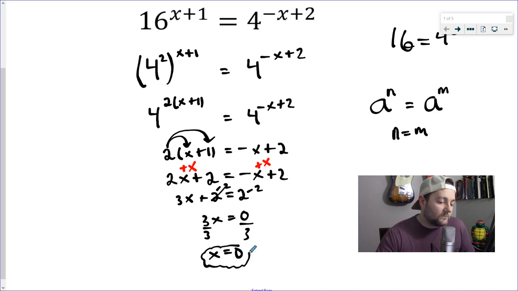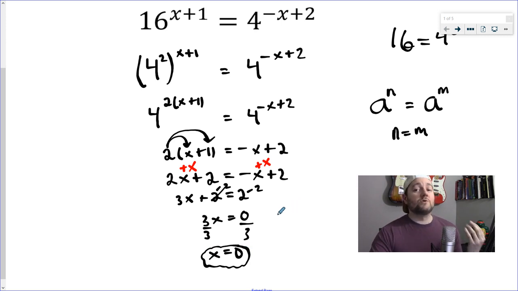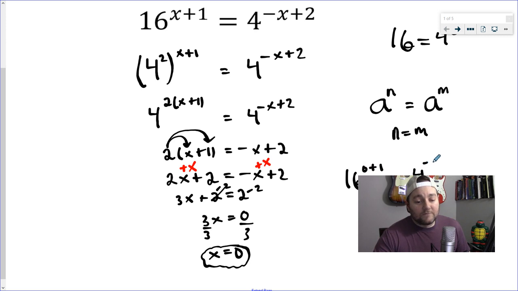So that's our solution. Now, one of the best things about this is that you can always know if you're correct. So if you end up with a solution like this, all we've got to do is go back to the top and check by plugging in that number. So if I go 16, negative 0 plus 1 equals 4, 0 plus 2, even though there's no negative 0, I'm just staying true to the equation.